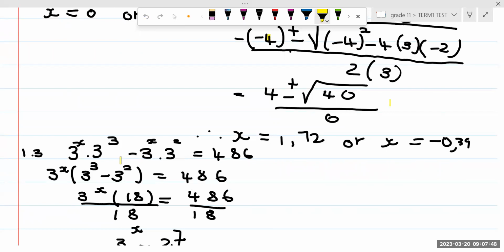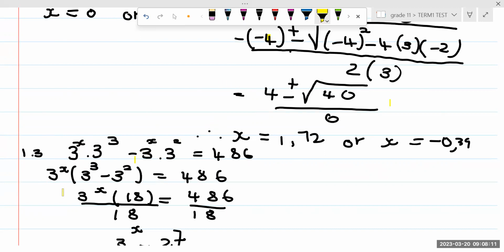It can be separated into 3 to the x multiplied by 3 to the power of 3, and minus 3 to the x plus 2 can also be separated into 3 to the x multiplied by 3 to the power of 2.